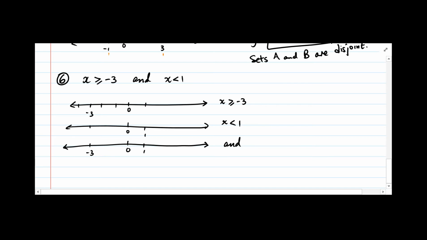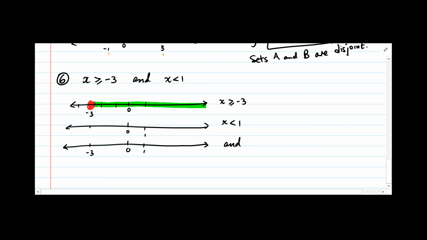All right, and as usual, complete this to be greater than or equal to -3. It will be a closed circle, and we would shade everything to the right of -3.